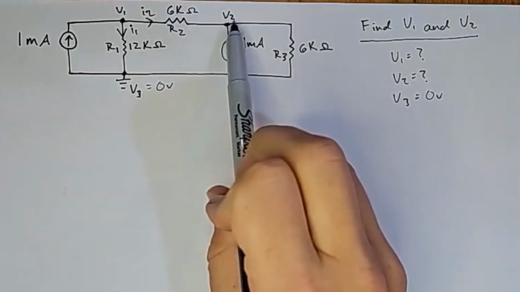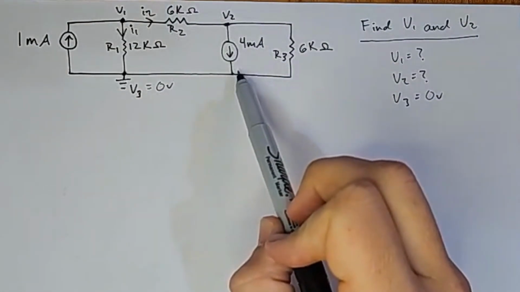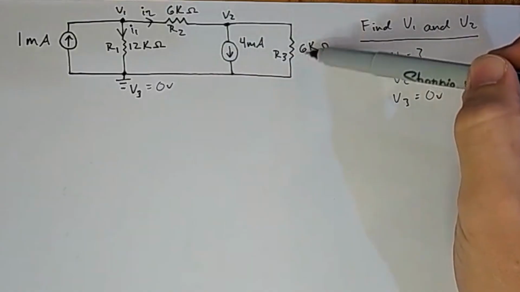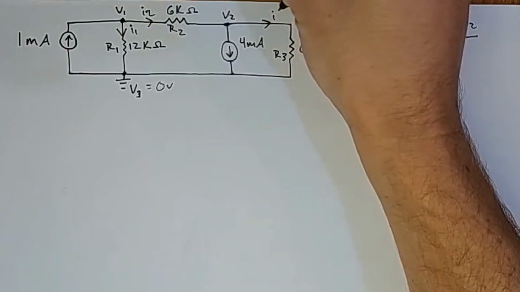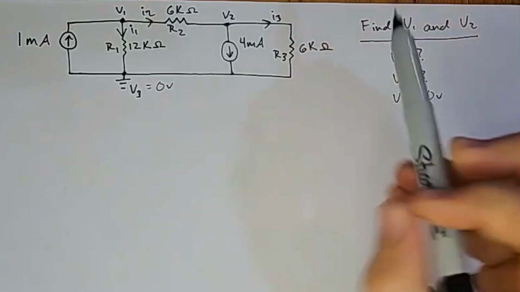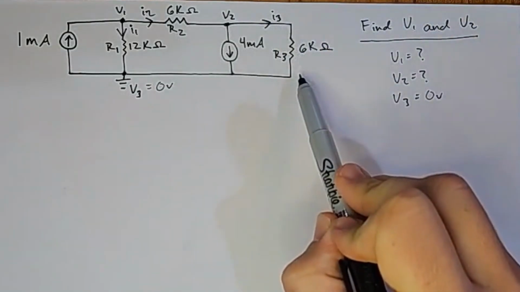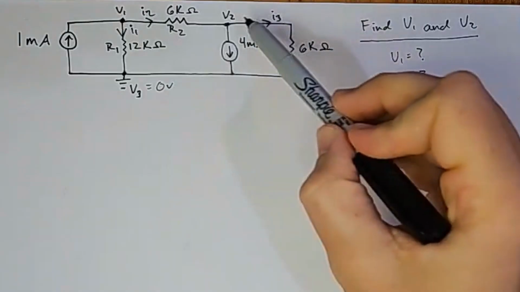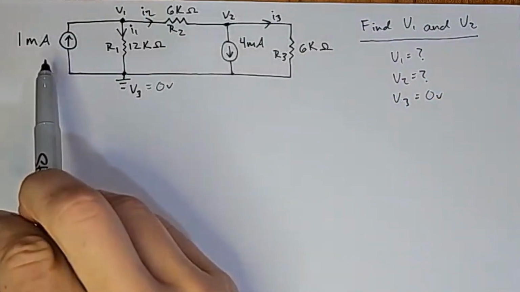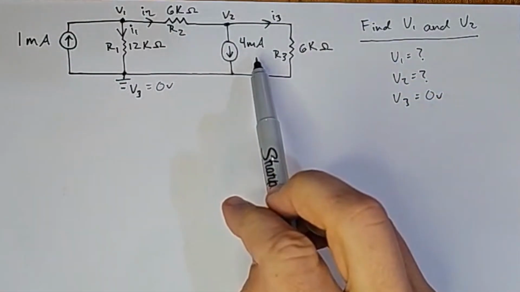We have I2 going to V2, 4 milliamps coming down away from V2. We have resistor 3 over here, so we're going to say I3 is going this way. So there's I1, I2, I3. That's a 1 milliamp source, 4 milliamp source.